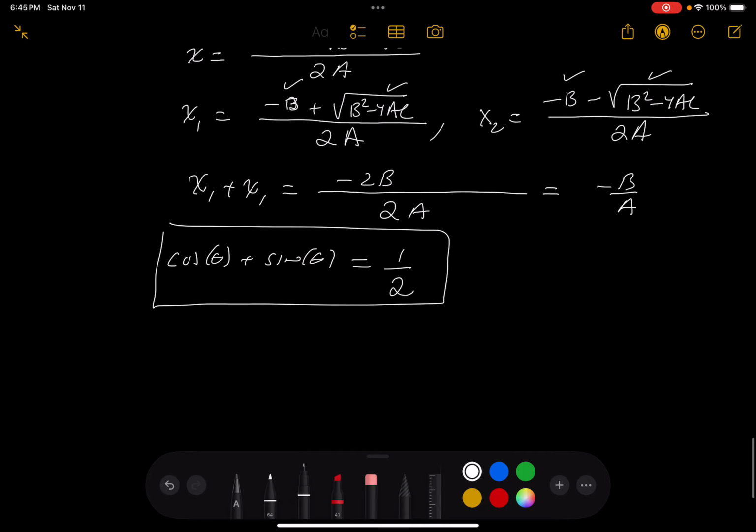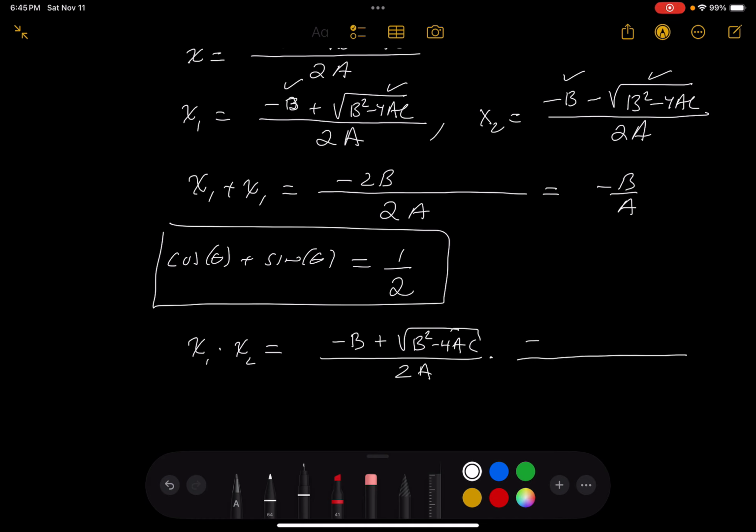Let's put the product down. Let's write x1 times x2. If you wrote that down, it's minus b plus the square root of b squared minus 4ac over 2a, times the other root, minus b minus the square root of b squared minus 4ac over 2a.